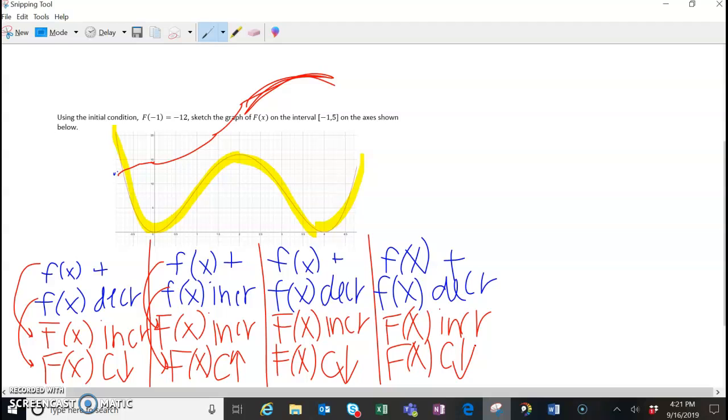Oh, hold on. I knew something was off here when I went to sketch this. This last piece is an increasing curve, which means that my antiderivative is not concave down. My bad. It's actually concave up. So I've got my last little stretch of graph increasing and concave up.